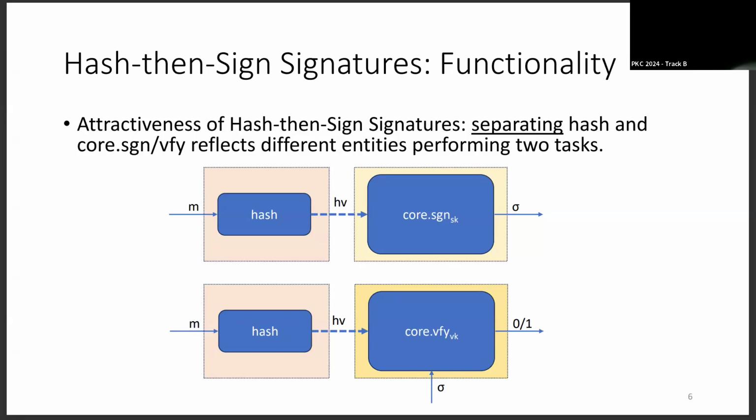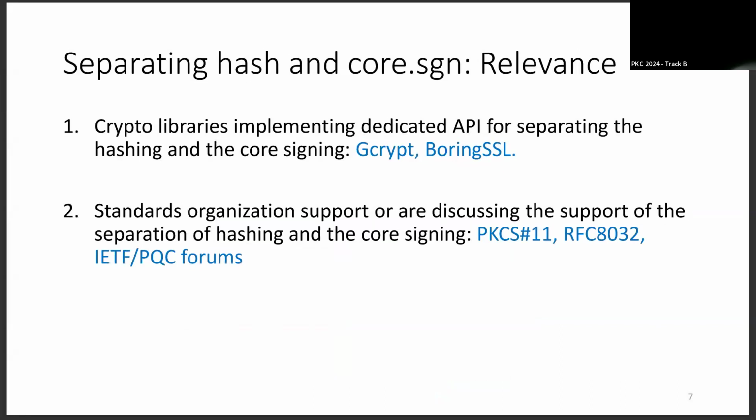And we're interested in the functionality. By this, we mean that practitioners actually love Hash&Sign signature schemes because it's easy for them to separate the hash and the core routines. And this reflects two different entities performing different tasks. And I am not crazy, I swear to you.